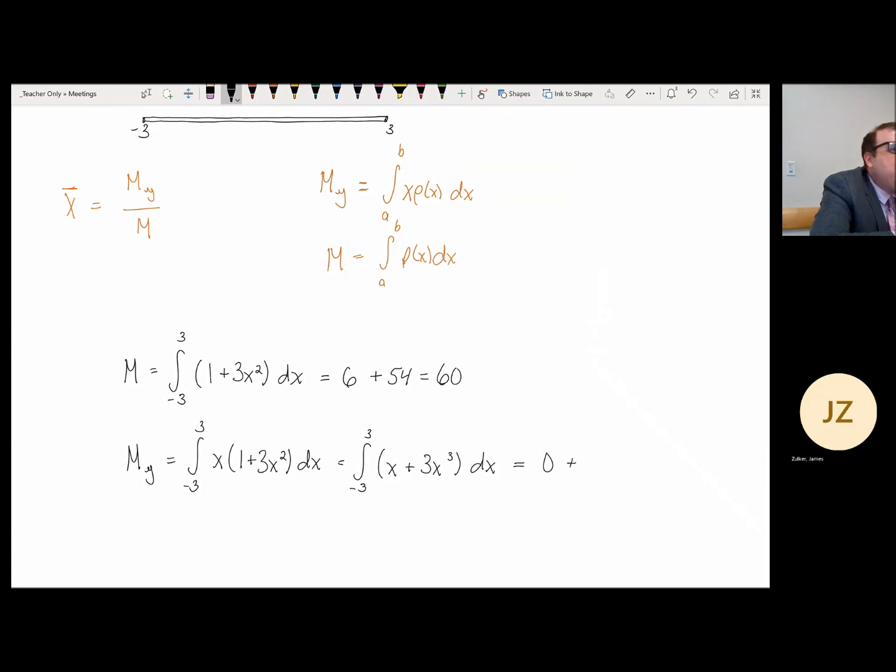Three x to the 4th over 4 from 3 to -3 is also 0. It's 0. Yep. 3 squared minus -3 squared wind up being the same thing. So this implies that this rod's mass is constant, right? Ignoring relativistic effects, mass is always constant.